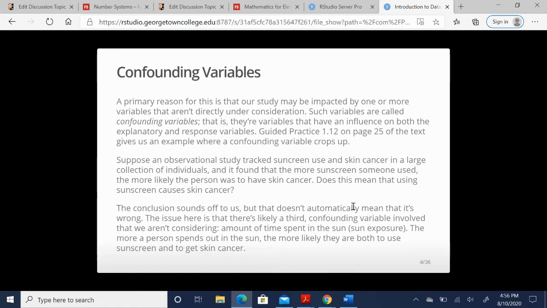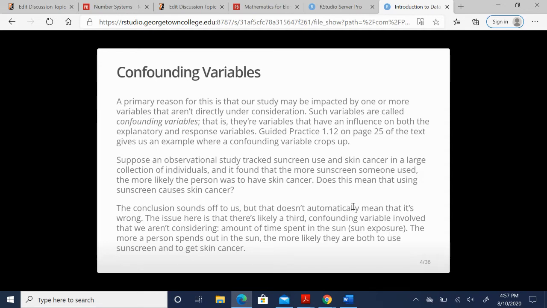The conclusion sounds off. It should sound off because most of us think of using sunscreen as a way to avoid cancer. But it doesn't automatically mean that the collection of data was wrong or that the association isn't really true. The issue here is that there's likely a third confounding variable that we aren't considering.